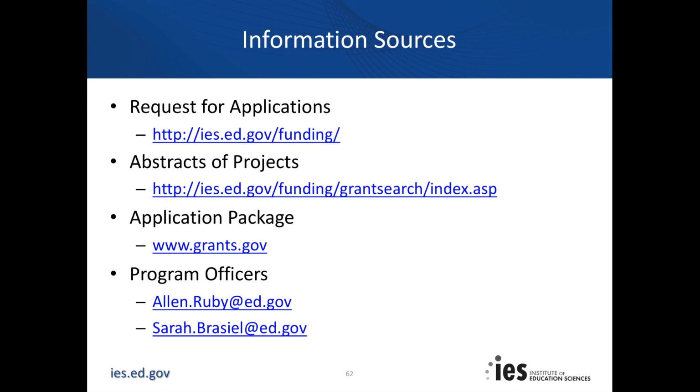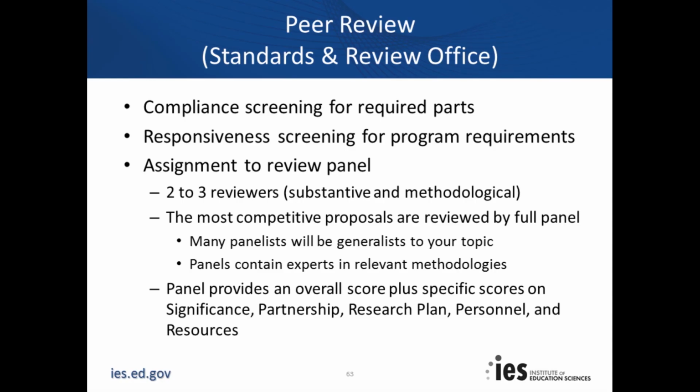And then there are Sarah's and my emails, so feel free to contact us. Sarah, as mentioned before, works with the National Center for Special Education, so she is most interested in projects doing research on students with or at risk for disability, while I work primarily with projects for general education students.